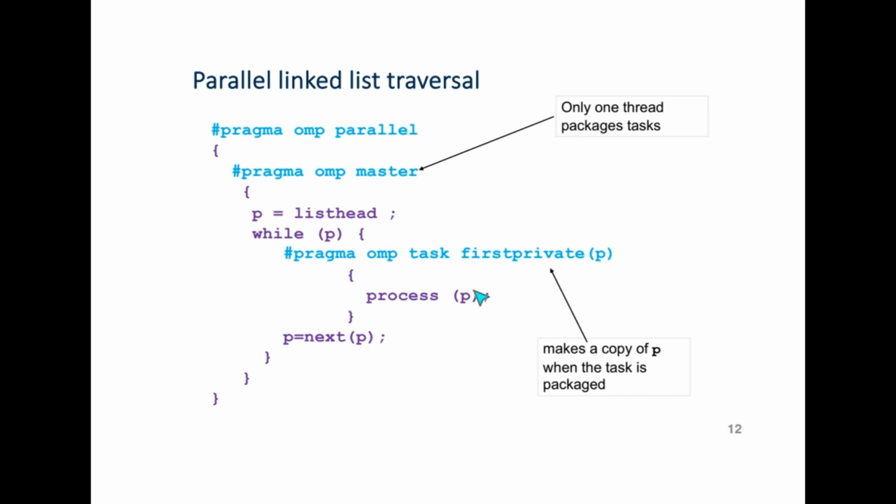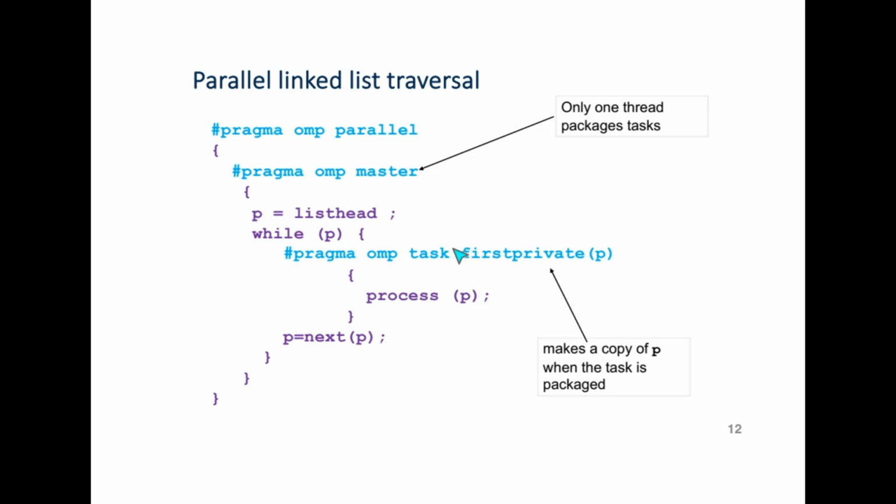And that's what this firstprivate clause here is doing. You are already familiar with firstprivate from regular OpenMP loops. It doesn't get used that much.